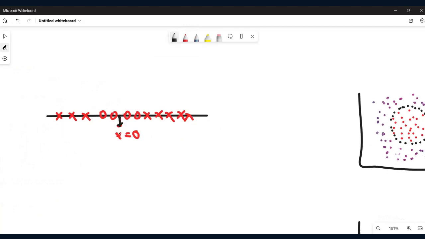This point is x equal to 0. अब हमारे पास दो तरह का डेटा है, एक 0 and 1 is x. ओके, तो आप देख रहे हैं कि शुरू में यहाँ पे x है, then 0 and then again x. So कोई भी ऐसी लाइन एग्जिस्ट नहीं करती जो इस डेटा को दो पार्ट में डिवाइड करती.